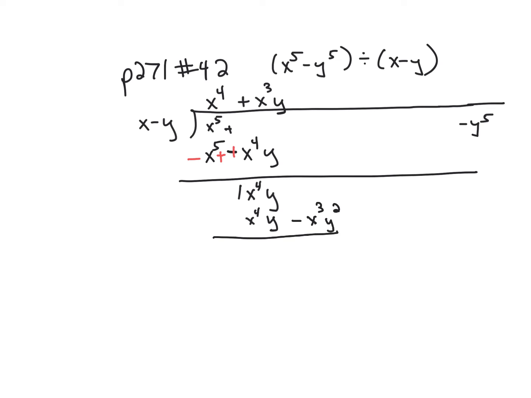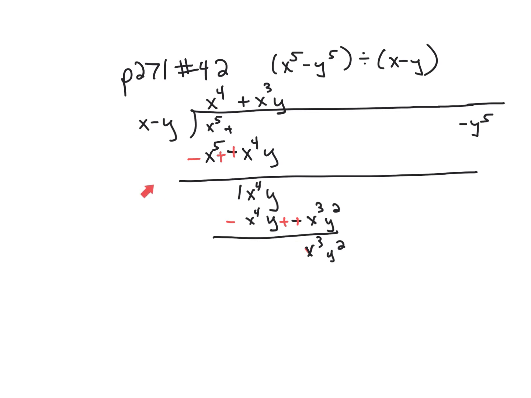Okay, now I need to subtract that. So I subtract, that turns into plus. Then I do the same thing. This is going to give me 0, and then this is going to give, remember there's nothing here, so all I have is this plus x cubed y squared. So I have x cubed y squared.